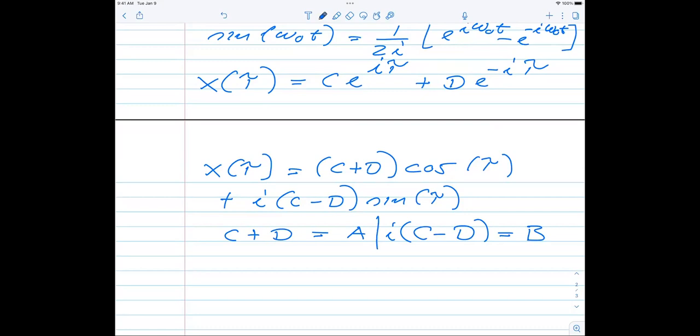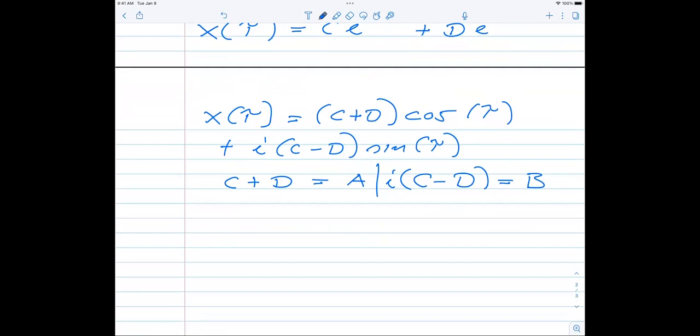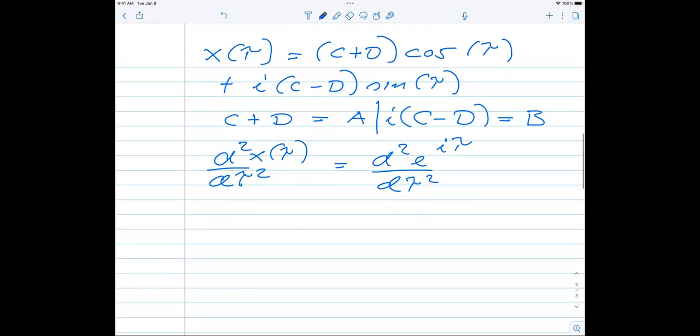So I can now reuse the definitions, and it's easy to see that if I take any of these solutions, either the plus or the minus exponential, for example x of tau equal to e to the i tau, then the second derivative with respect to tau gives minus e to the i tau. I have taken away the dependence on omega 0.